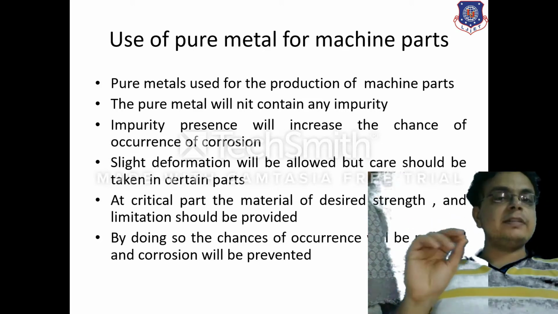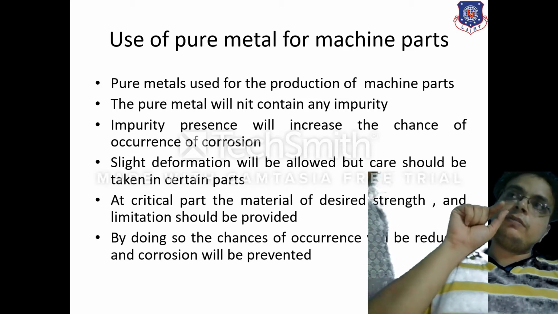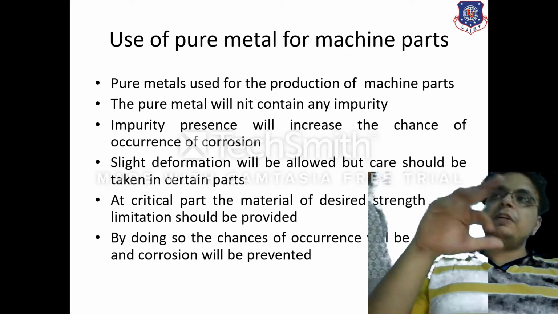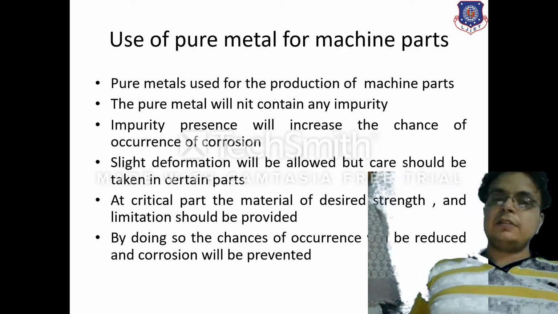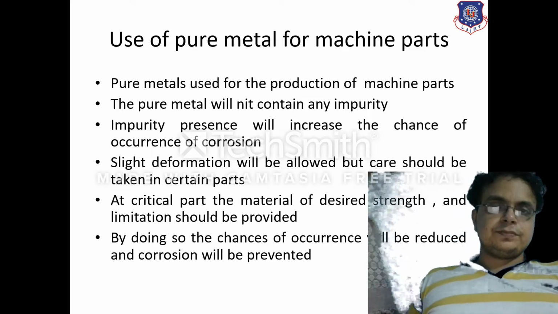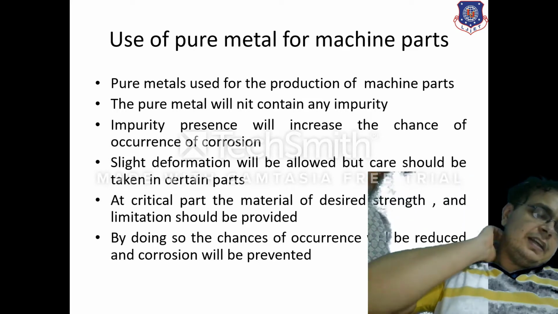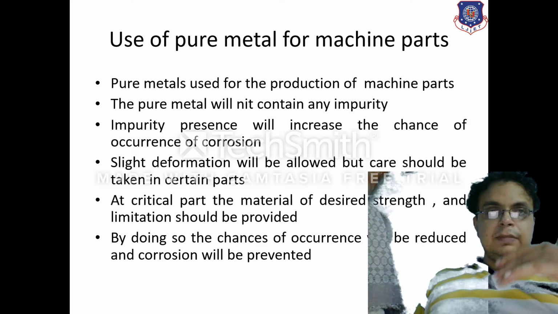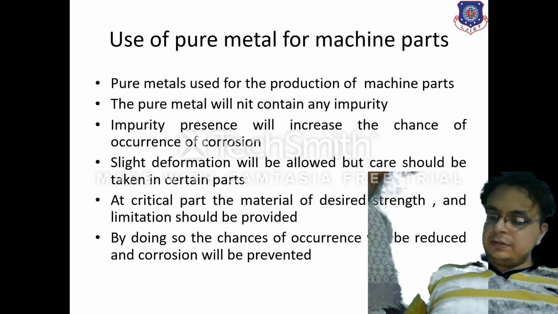For example, at a critical location where corrosion can occur, it is necessary to have proper pure metal, so that in that particular weak portion proper strength will be gained by the parts, and as a result corrosion can be prevented and strength is also maintained. Slight deformations are generally allowed, but care should be taken in certain parts. So by making the part with the help of pure metal, corrosion can be prevented.